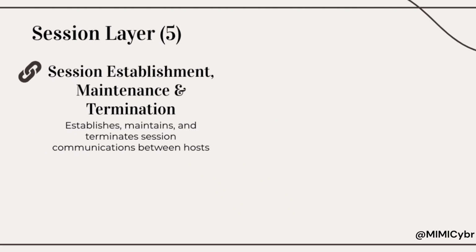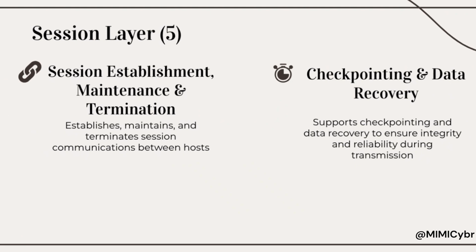The session layer is also in charge of checkpointing and data recovery. What checkpointing means is that it involves periodically saving the current state of a session in order for the session to be resumed in case of failure or interruption, and it allows the session to be resumed from the last known good state.